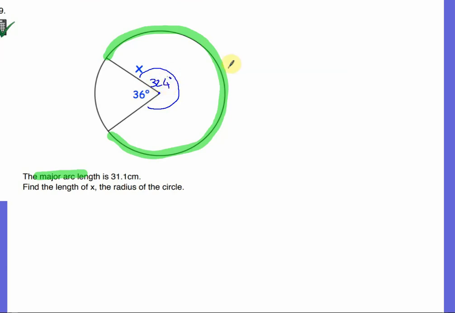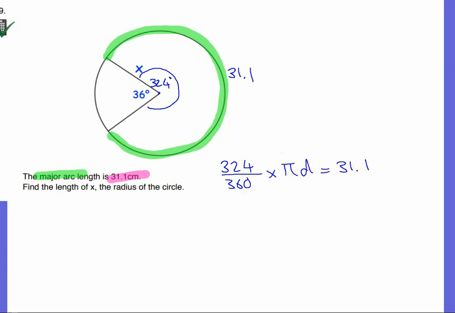Okay, and we know this arc length is 31.1 because they've told us that down here. So, what do we know? We know 324 divided by 360 times pi d equals 31.1.